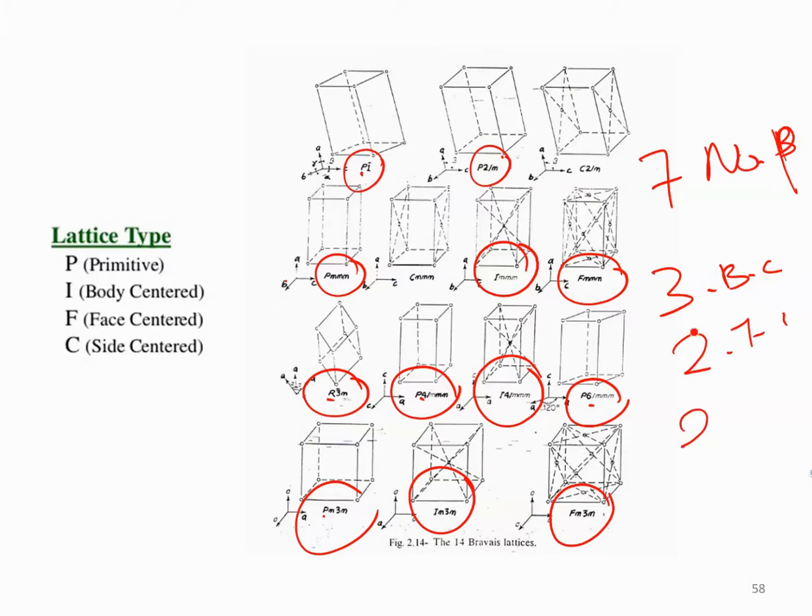The other 2 are C-base centered. Okay, so in short, there are 14 Bravais lattices, 7 primitive, 7 non-primitive. Out of 7 non-primitive, 3 are body-centered, 2 are face-centered, and 2 are C-based.